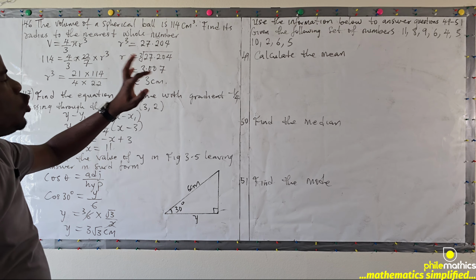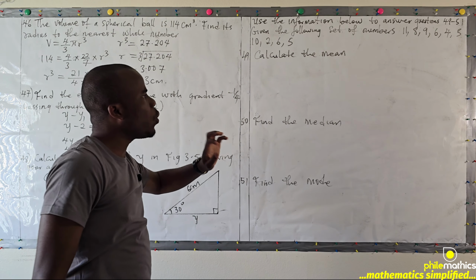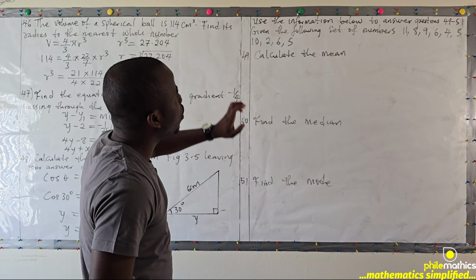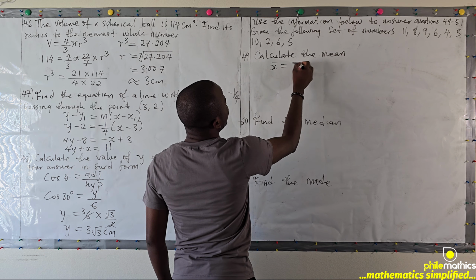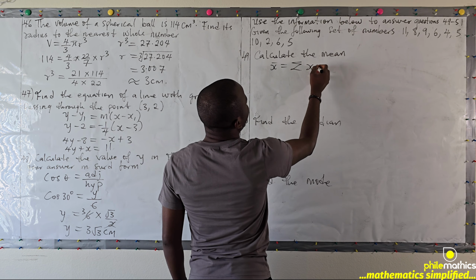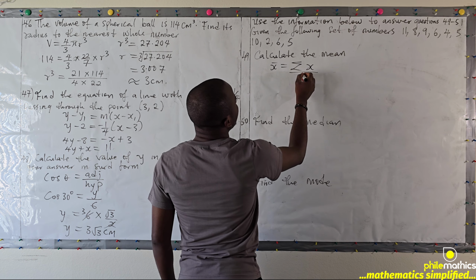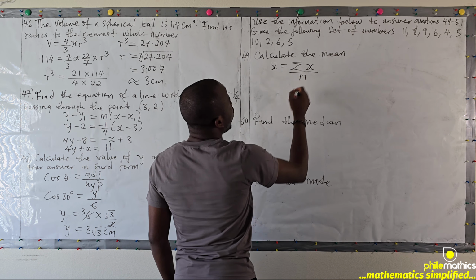49 to 51 says use the information below to answer the questions. Given the following set of numbers 11, 8, 9, 6, 4, 3, 10, 2, 6, 5, calculate the mean. We know the formula for the mean, x bar, is the summation of our data over the number of data that we have.